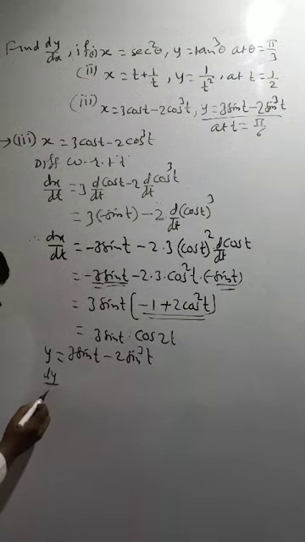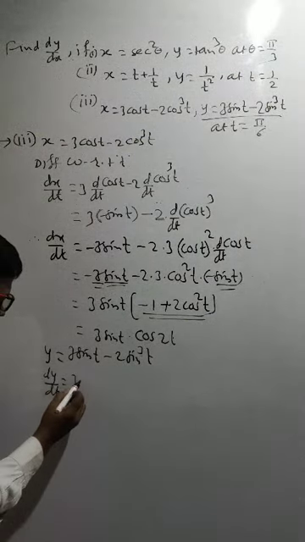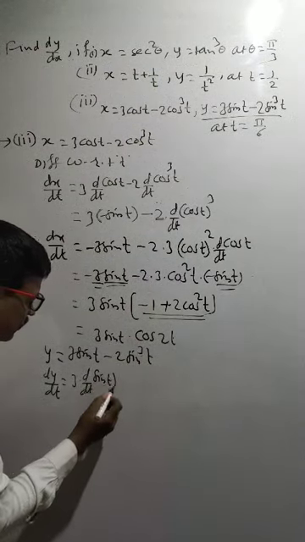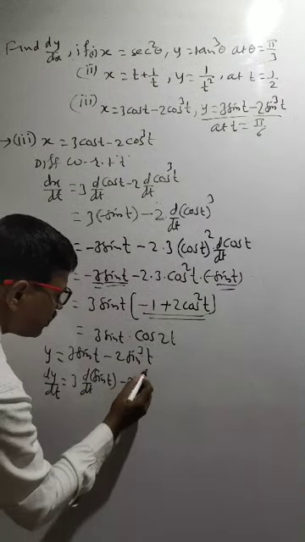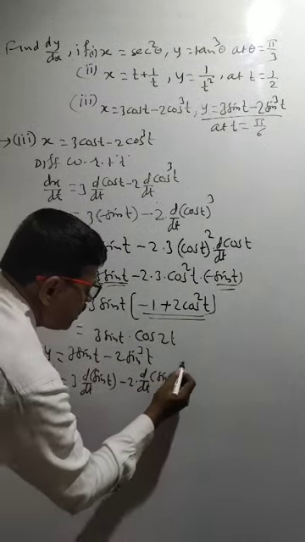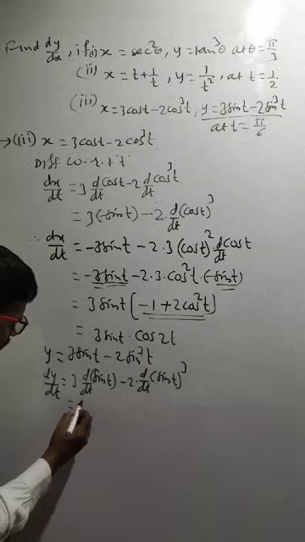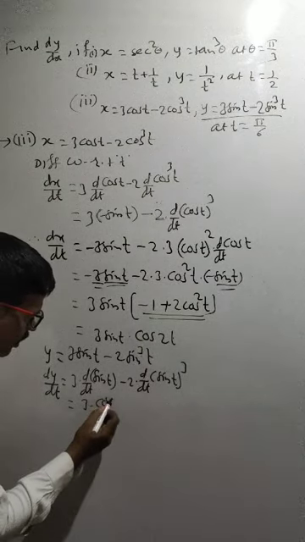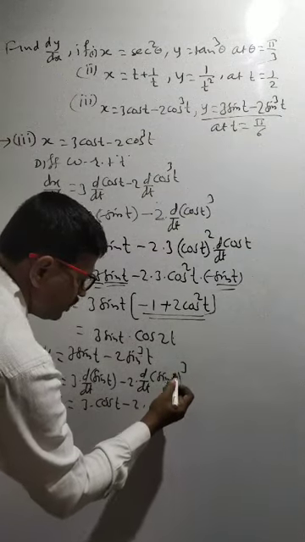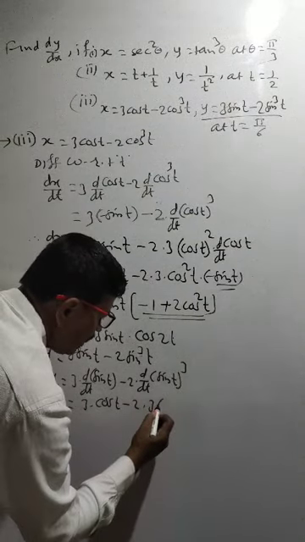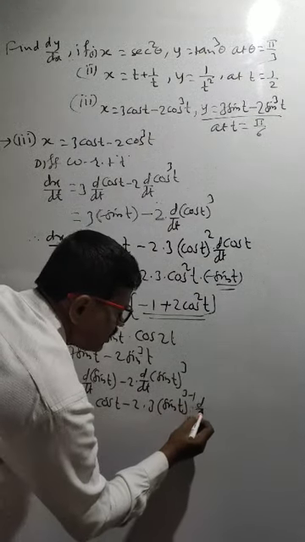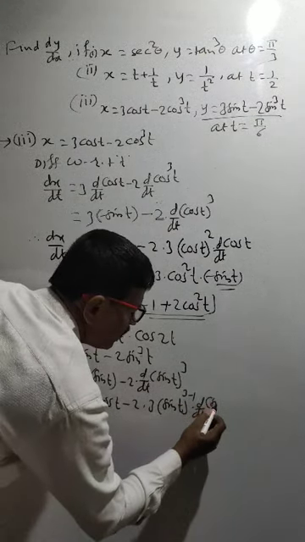Therefore dy by dt equal to 3 into d by dt of sin t minus 2 into d by dt of sin t bracket cube, equal to 3 into derivative of sin t, minus 2 into 3 into sin t raised to 3 minus 1 into d by dt of sin t.